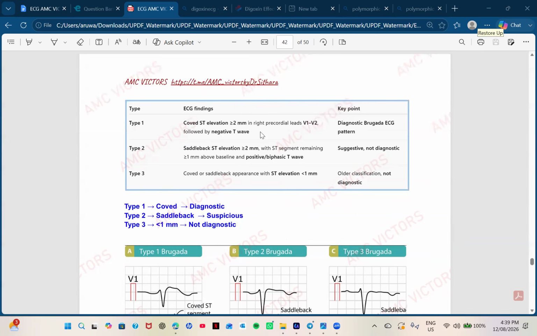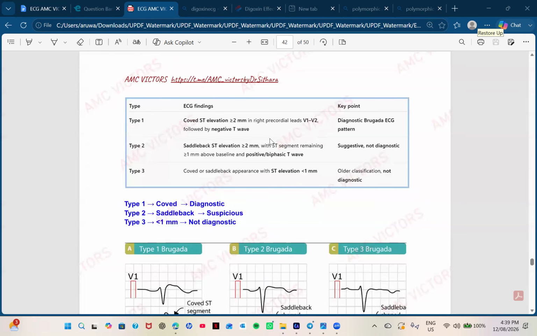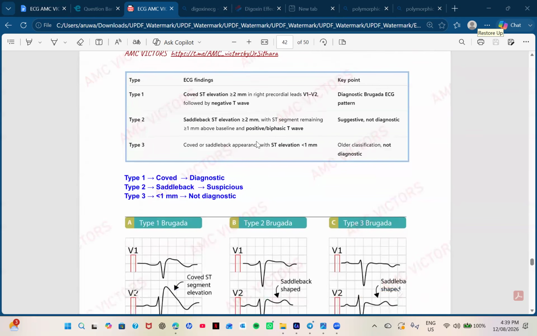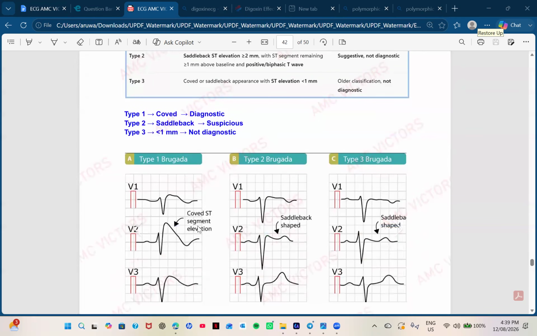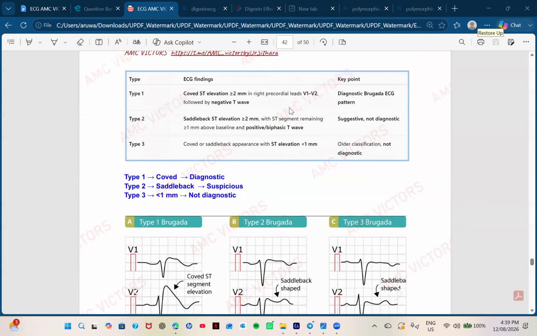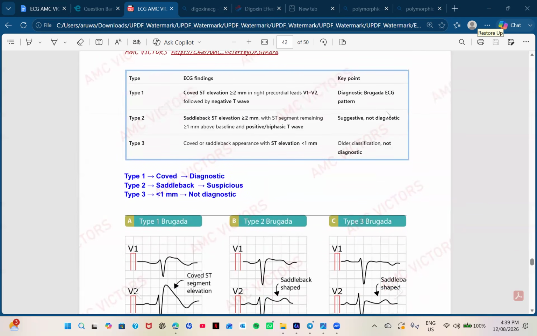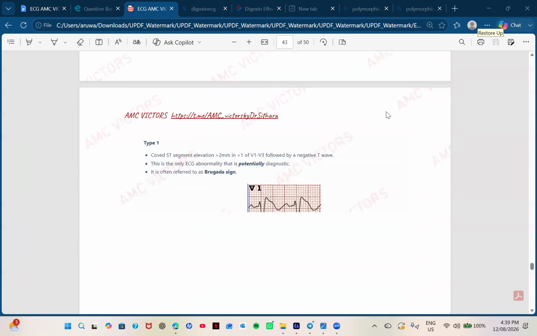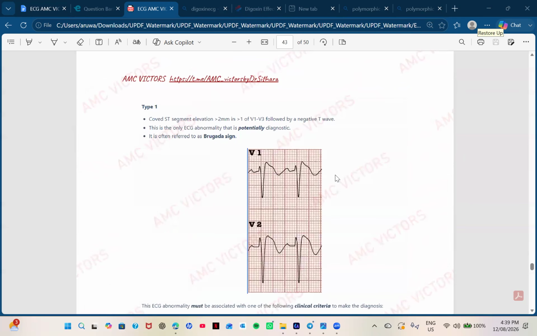This ST elevation is greater than or equal to 2 millimeters in the right precordial leads V1 to V2, followed by a negative T wave. Here it is, a negative T wave. This is diagnostic of the Brugada ECG pattern. This is the type 1 they have given.